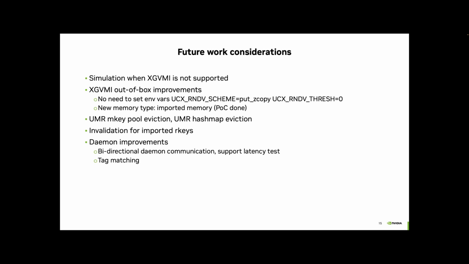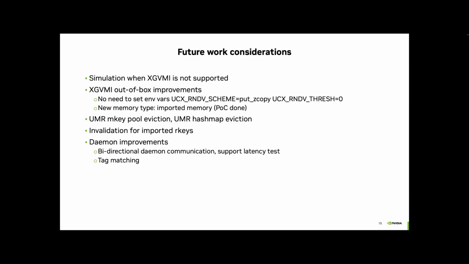And here is the list of future work action items. So maybe we should implement simulation where cross-GVMI is not supported by hardware. Then what we also plan to do is to improve cross-GVMI so that it works out of the box.